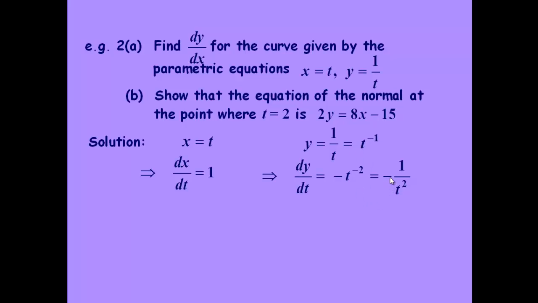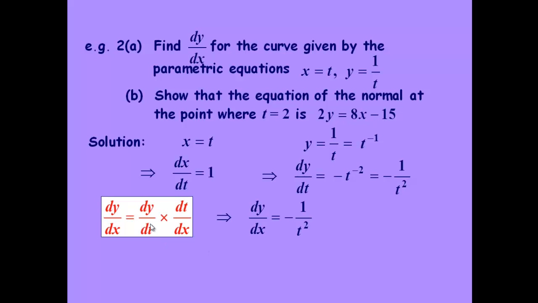So we get minus 1 over t squared. Again, chain rule, dy/dt, flip the dx/dt, and because it's just 1, so it'll just be 1 over 1, we just get dy/dx as minus 1 over t squared. If we put t equals 2 in, we get minus a quarter.